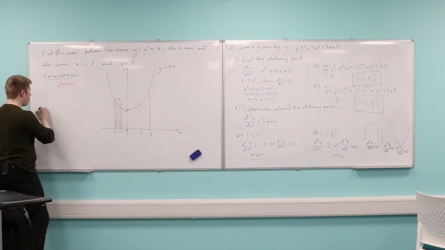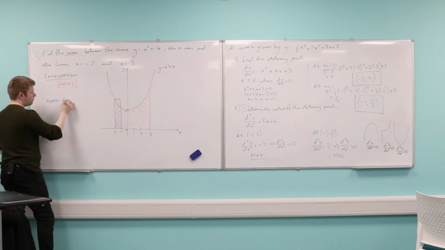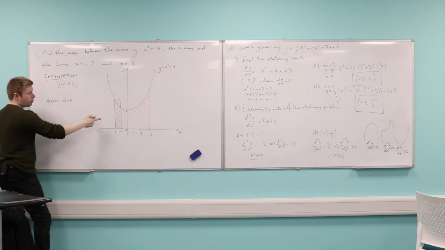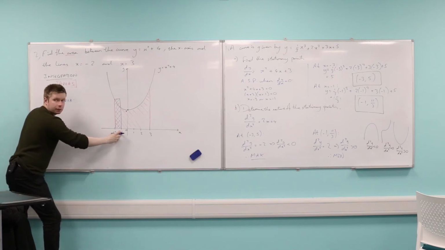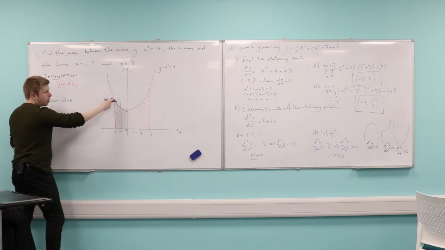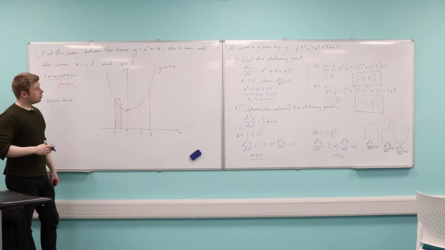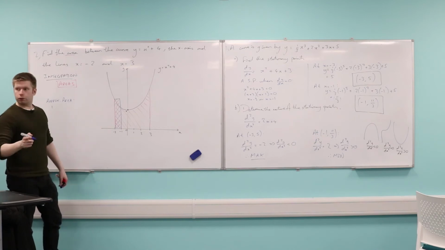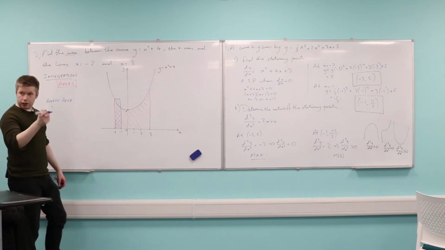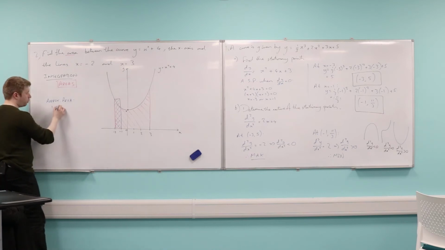So if I'm going to work out an approximation for the area, rectangle 1 is just going to be 1, because it's between -2 and -1, that's the base, times the height. What would the height of this rectangle be from here to here? 4 plus 4 is 8. Good. So it would be 1 times 8.